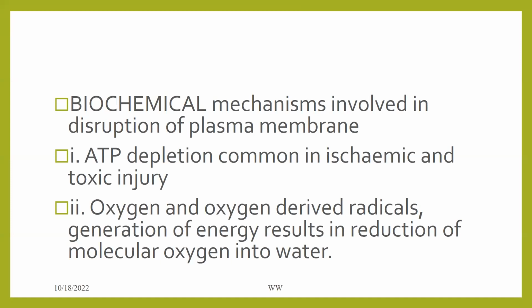We also have a production of reactive radicals and reactive oxygen species which damage the surrounding structures, and that happens when there's generation of energy, and these are produced as byproducts.